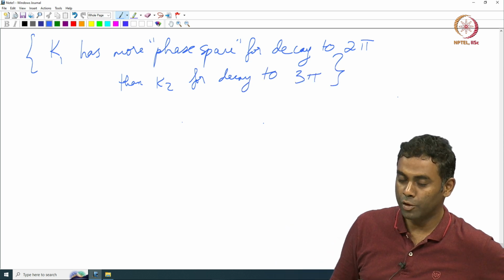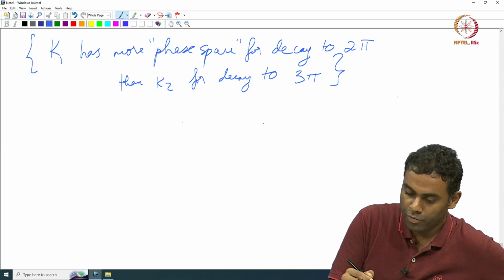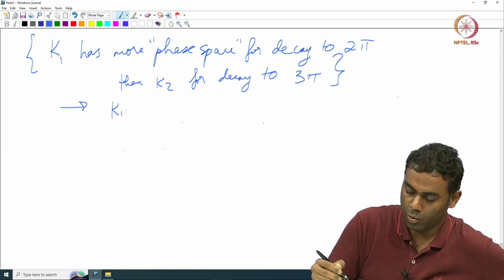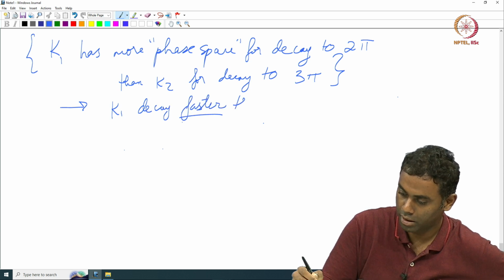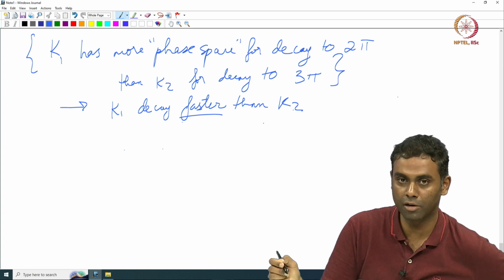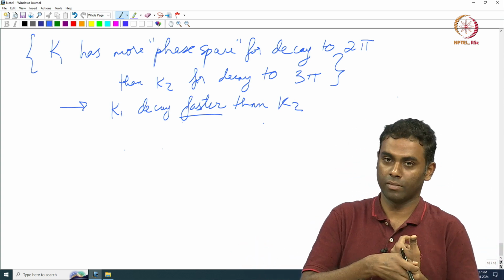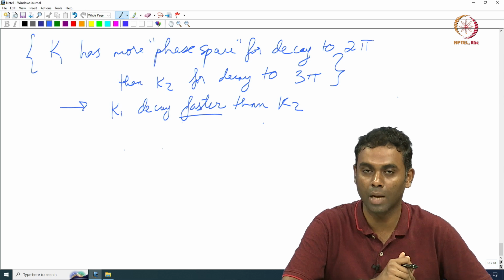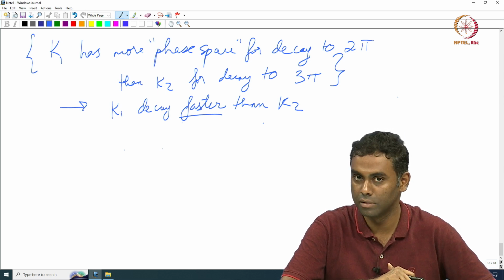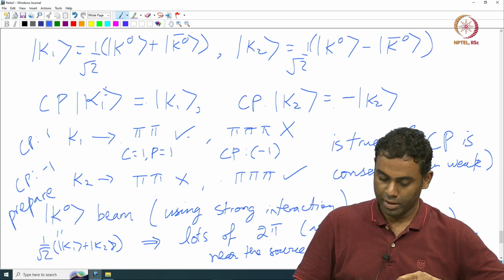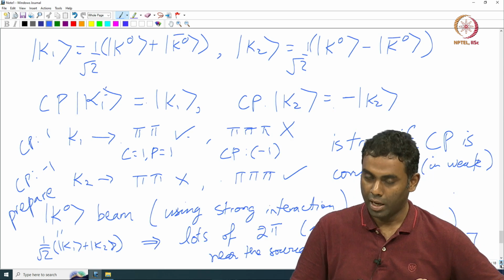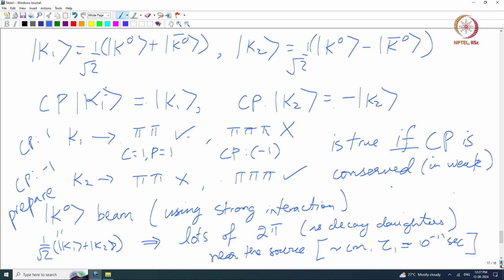If you have more phase space, obviously then K1 would decay faster than K2. If you have more phase space, the rate is higher. That should be obvious, right? There are more allowed final states, that happens faster. The amplitude for that is bigger. That is the reason why if I prepare a beam of K0, I will get lots of 2 pi right near the source, because the K1 component of it starts decaying very quickly to the 2 pi's.